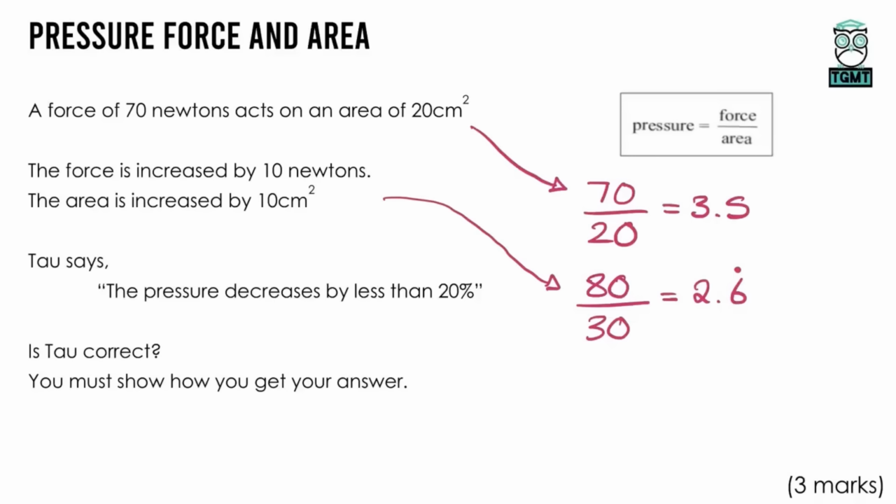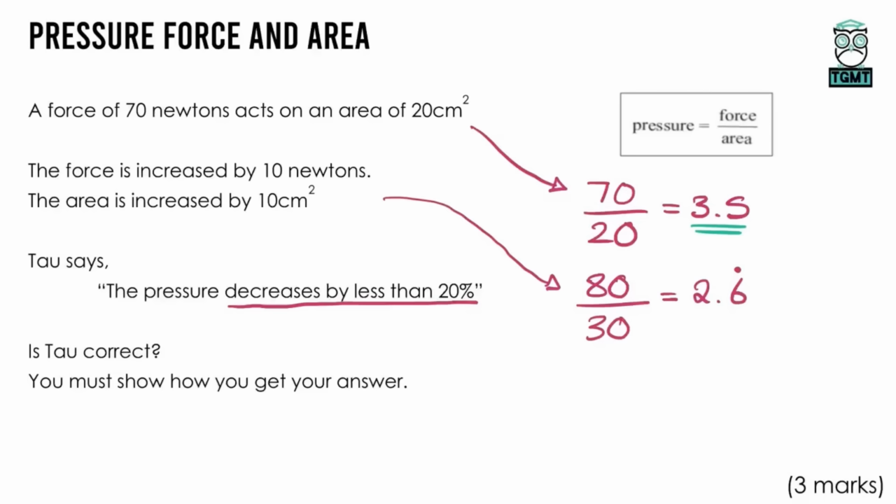It says, Tau says the pressure decreases by less than 20%. So let's just have a look. Decreases by less than 20%. So if we work out 10% of the pressure up here, 3.5, and then double that, or just work out 20%, and subtract that from 3.5, we can compare it to this 2.6 recurring, and then we'll decide if it's more or less.